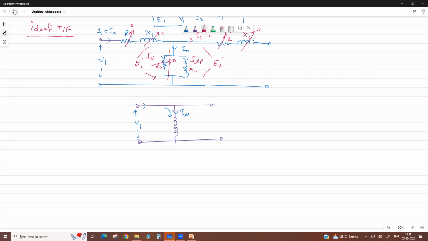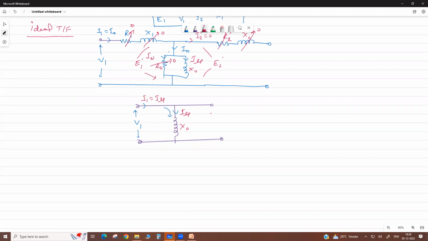So only the magnetizing current is here. This is I naught. Now at no load, I1 equals I mu only.